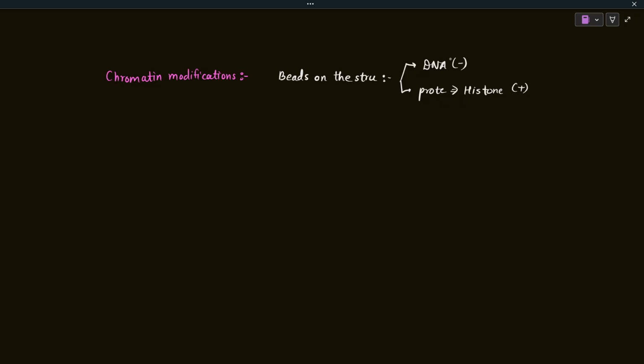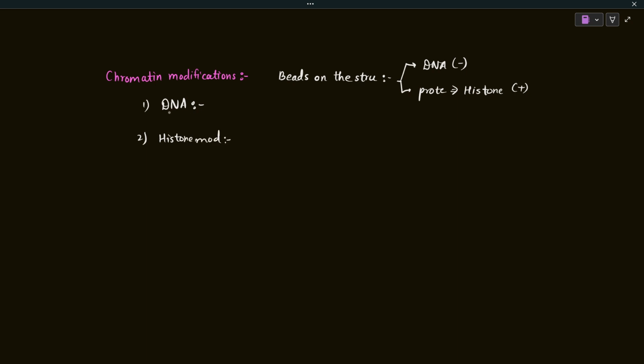Why? Because the phosphate groups give the negative charge to the DNA. So chromatin has DNA as well as protein. That is why chromatin modification consists of the modifications which are done on DNA, the DNA modifications, and the other are histone modifications.